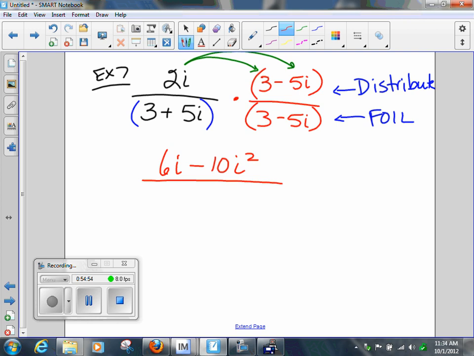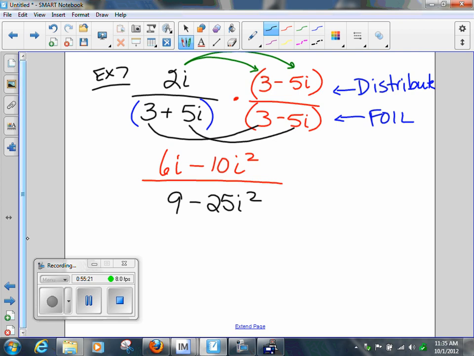We know that's going to change. And then at the bottom, we're going to FOIL it out. We know that it ends up being a difference of squares, so we only have to multiply the first terms. 3 times 3 is 9. 5i times 5i is 25i squared. Positive times a negative is a negative.